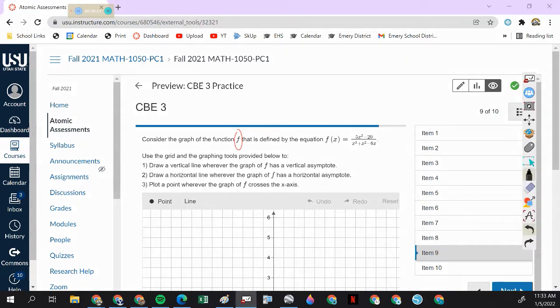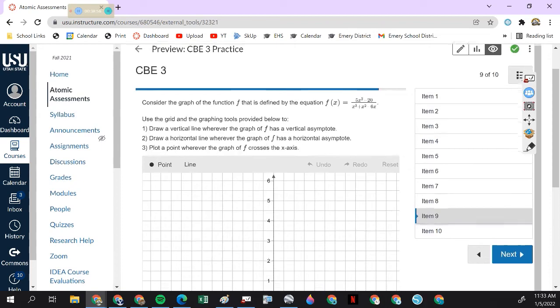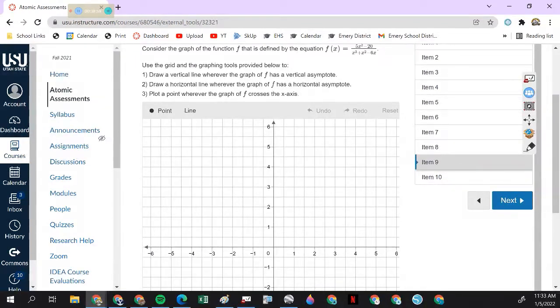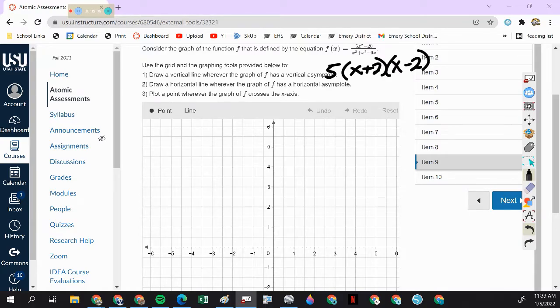All right. Let's graph this. So the top is 5 times x squared minus 4, which becomes x plus 2, and x minus 2, and then x times x plus 3, and x minus 2.